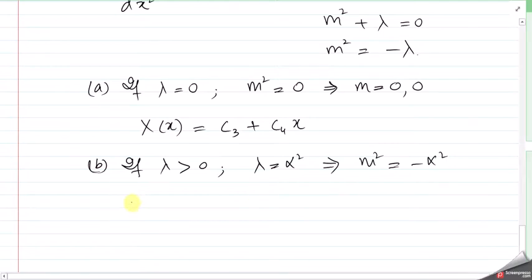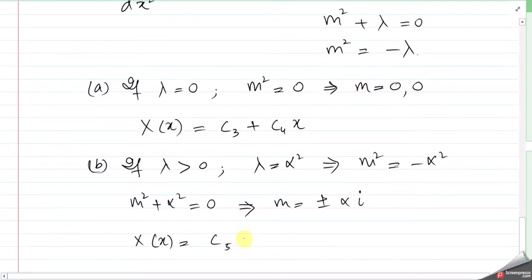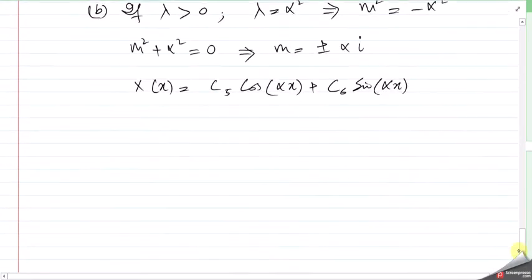That gives m square plus alpha square equals 0, or m equals plus minus alpha i. And in this case, we get X of x equals, I'll use 2 new constants again, c5 cos alpha x plus c6 sine alpha x.